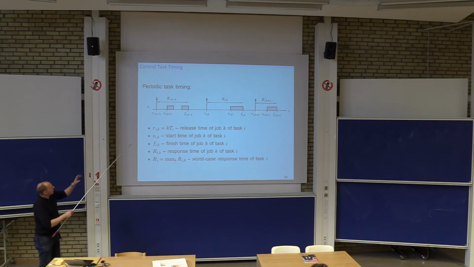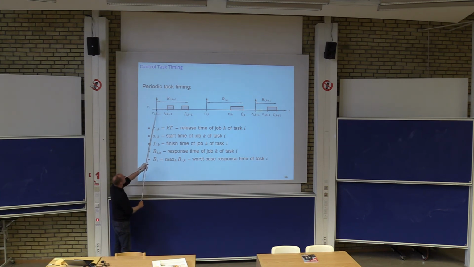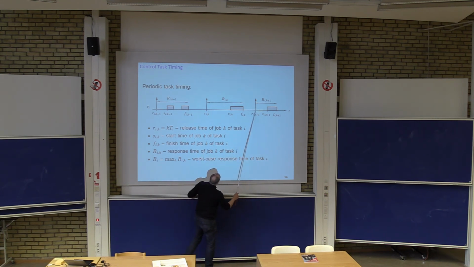So we will look into this. And here we have a periodic task running. We see here that this is where the task is released for period k minus 1, and this is when it's released at instant k and instant k plus 1.